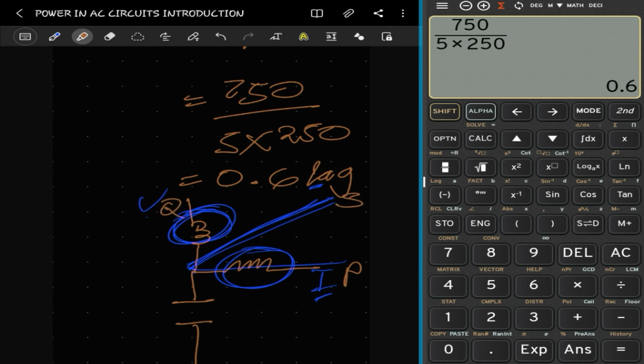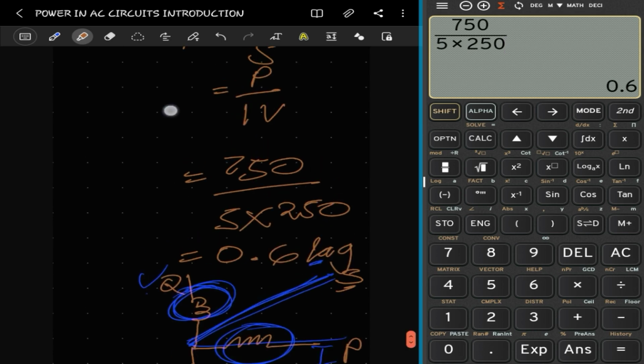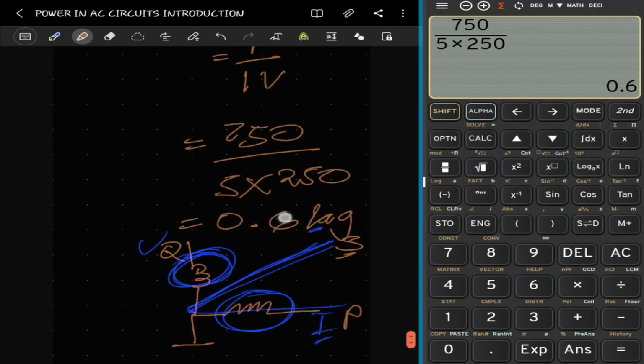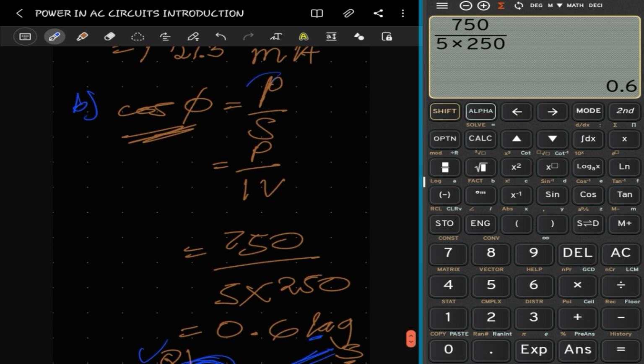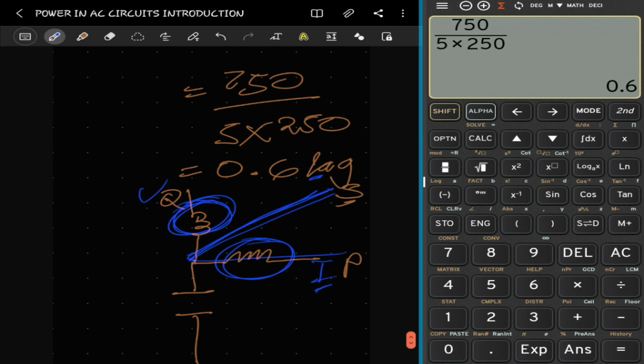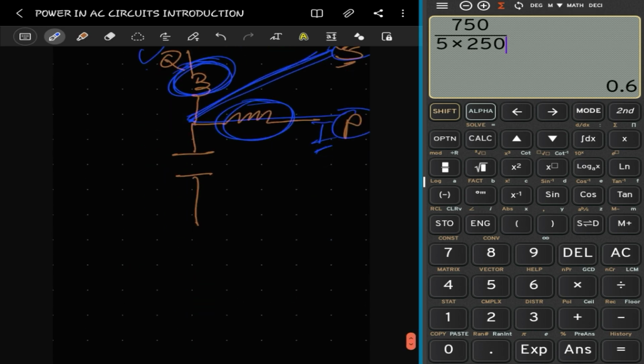But why? This power factor here is comparing true power and apparent power, and because we are comparing them, let's see. Power is here, apparent power is here, and we know that when we are doing this related to the Cartesian coordinate system, this is plus x, minus x, this is plus y, minus y.